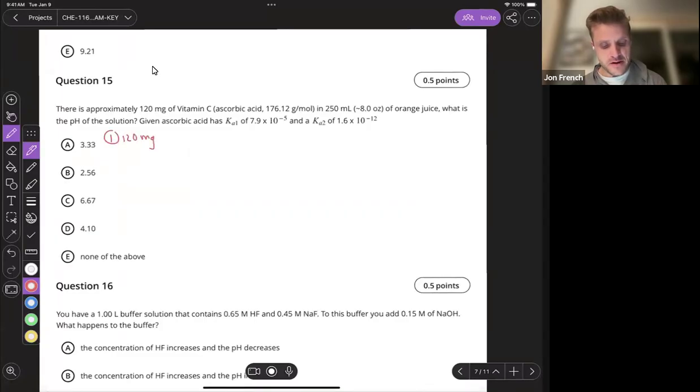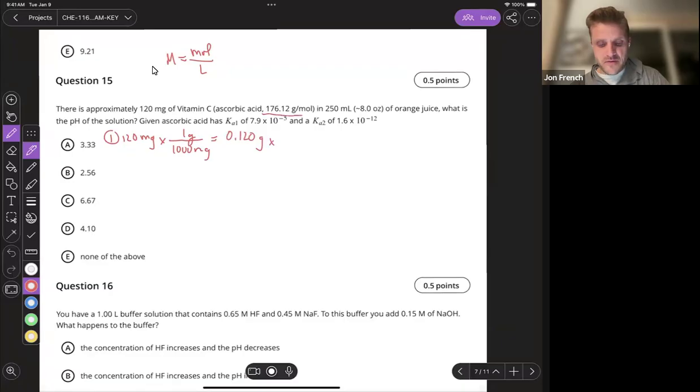Got 120 milligrams. We know concentration molarity is moles per liter. So I have to turn mass into moles and then concentration. So 120 milligrams, there's 1,000 milligrams in 1 gram. So I've got 0.12 grams.